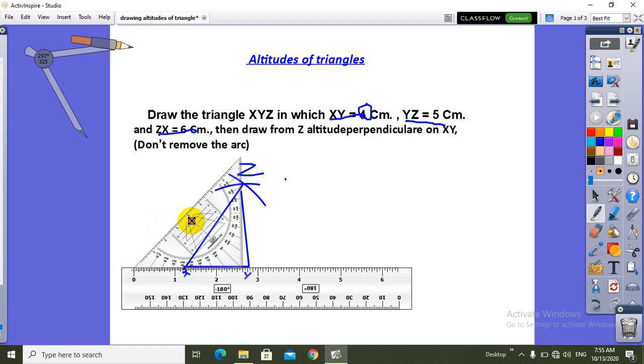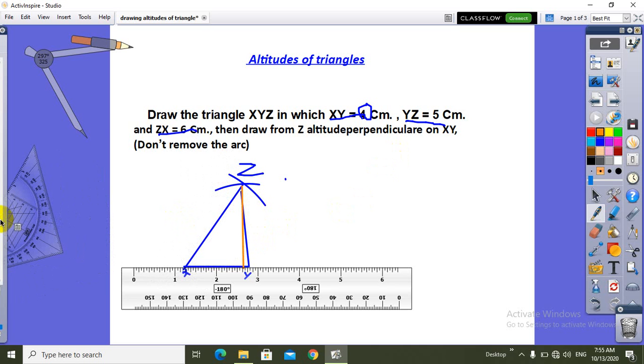It will be here. This is the point that intersected XY.